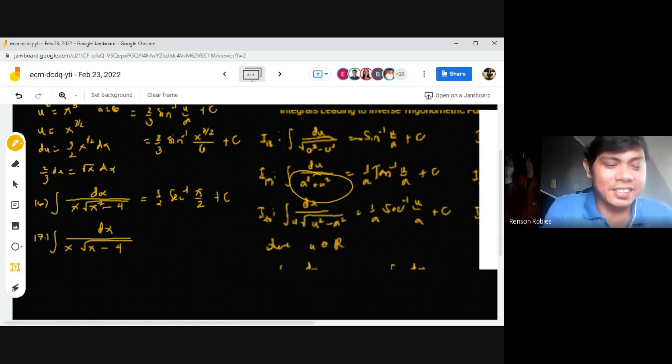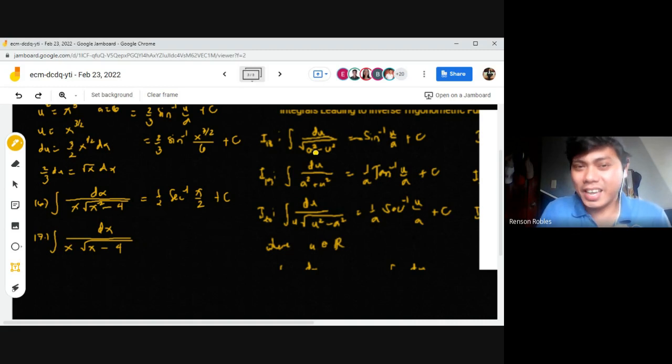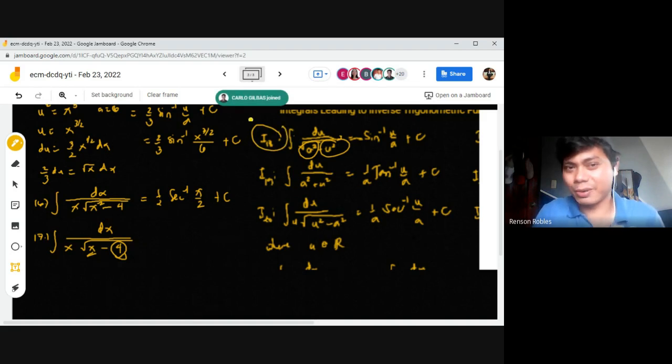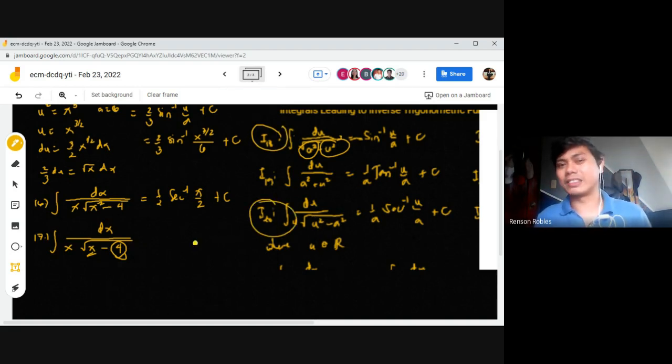Okay, next, sa I-18. I-18, the constant term comes first before the variable. Alright? Ito, nauna yung variable na x kesa sa constant. So probably hindi rin siya I-18. What's the observation? It could probably be I-20.